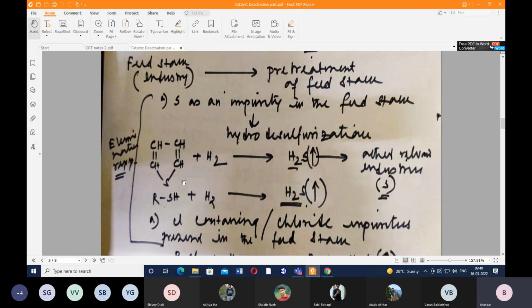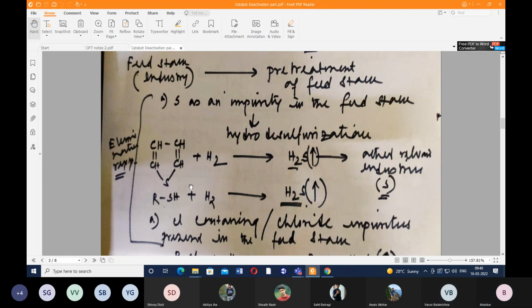Tell me, is thiophene an aromatic compound? Yes, sir, this is an aromatic compound. Why?